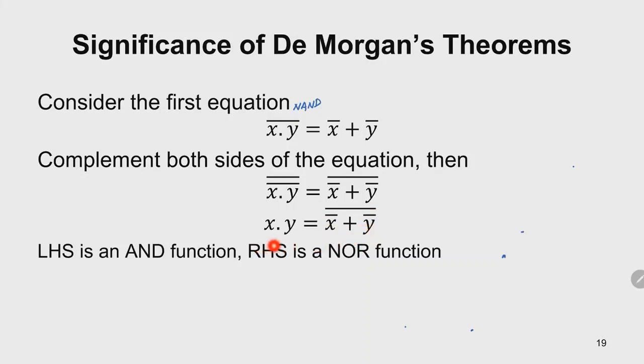Here we are changing an AND operation to a NOR operation. From one side we have an AND function, and on the other side a NOR function. So we can implement an AND function using a NOR gate.